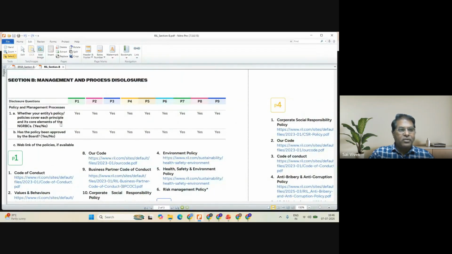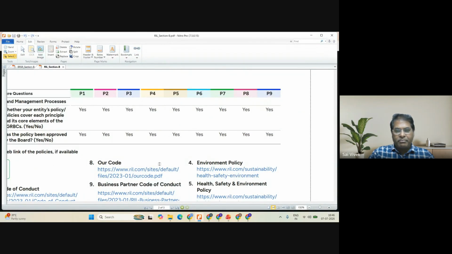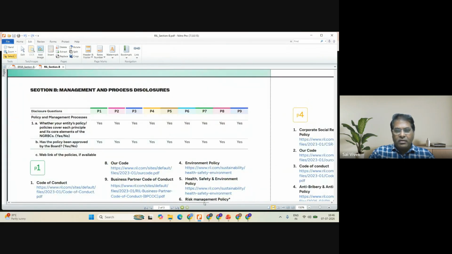All 9 principles are covered by Reliance. Whether all these are in alignment with the NGRBC 9 principles. The policies of Reliance are in alignment with the 9 principles of NGRBC. That is what is meant by the answer given in 1A.